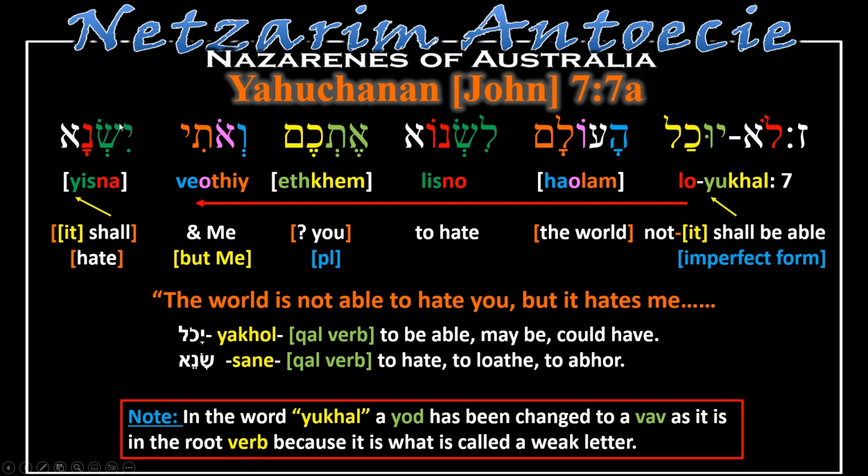Again, because the yod is an imperfect form, it can be it shall hate. And then I've also given you sane. It's a kol verb, to hate, to loathe, to abhor. And the translation: the world is not able to hate you, but it hates me.